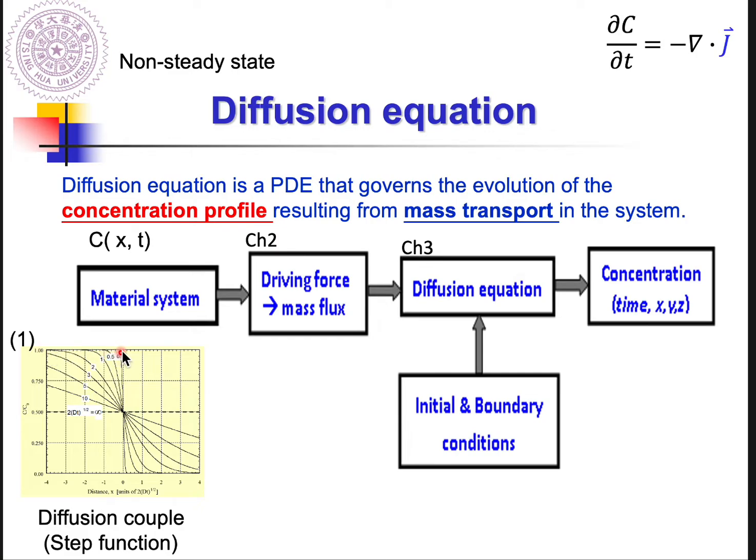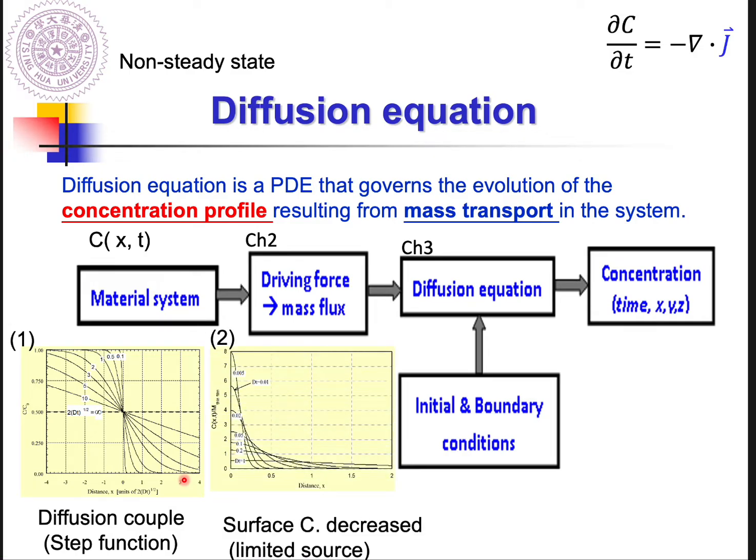Then if we plot the concentration profile of material A, you get this step function at T0. So the diffusion couple, some people also call it a step function, because at T0, if you plot the concentration profile of material A, it will be like a step. This is case 1.